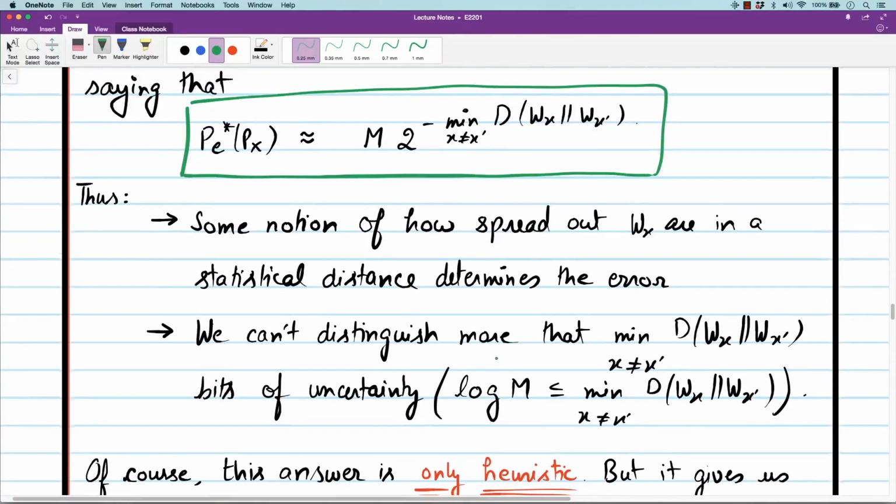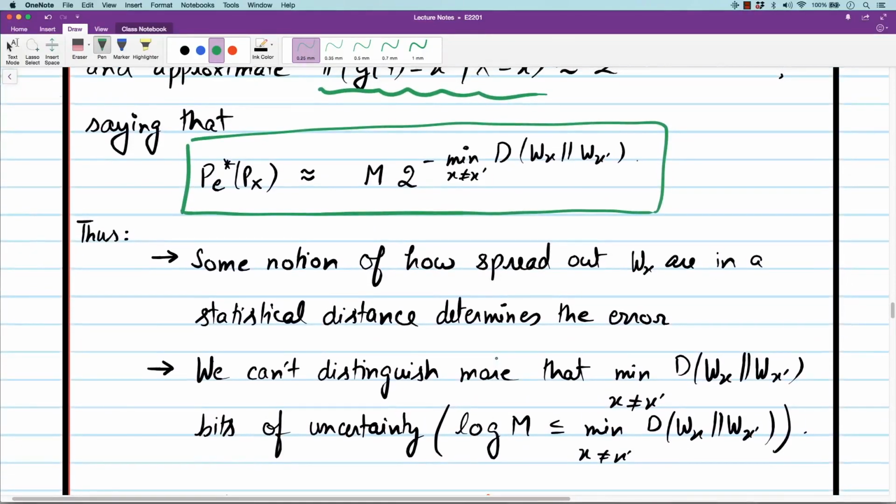So in conclusion, we basically need some notion of how spread out the wx are in some statistical distance, which we have to come up with. How spread out they are determines the error. So one notion of spread that we are considering is this minimum distance between wx and wx prime.